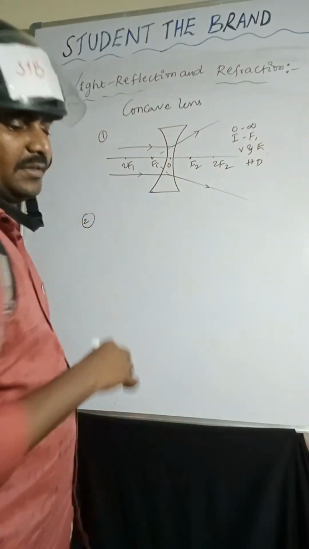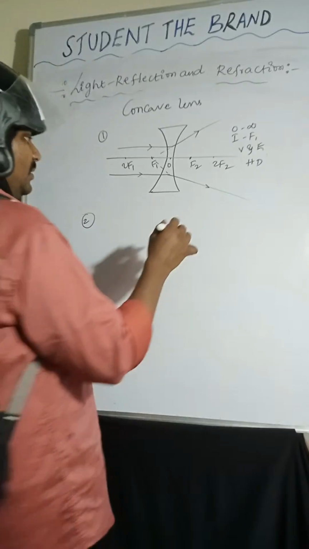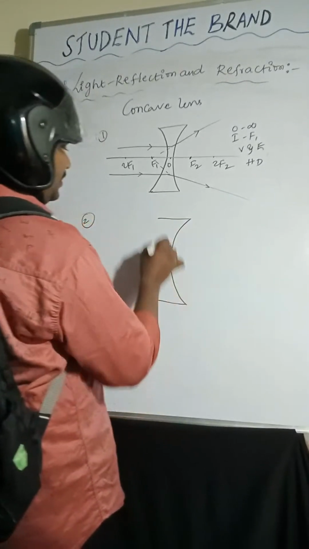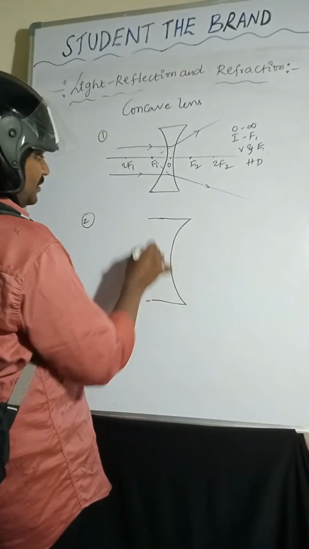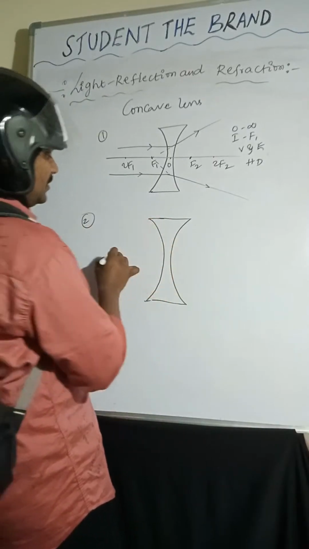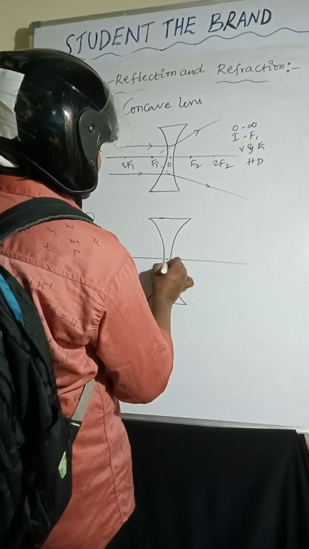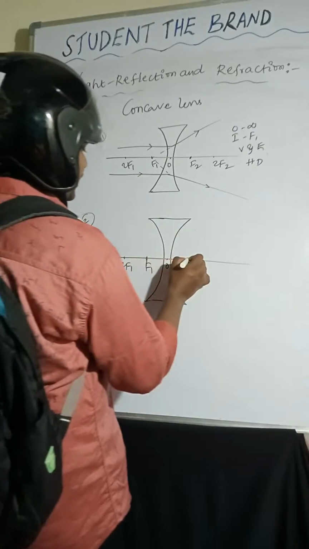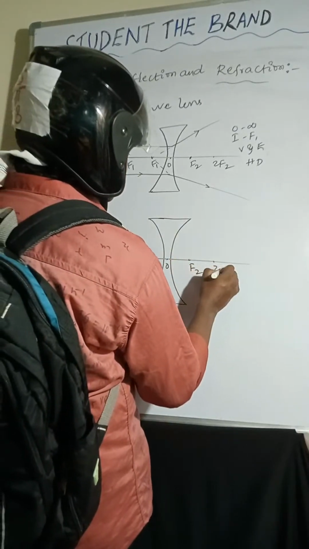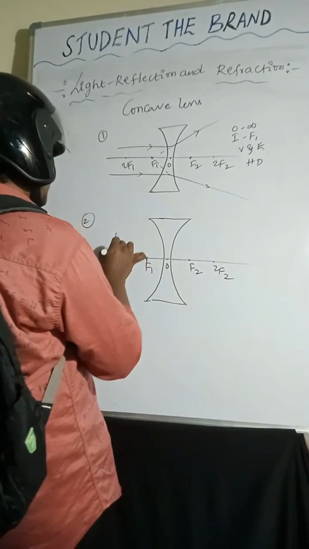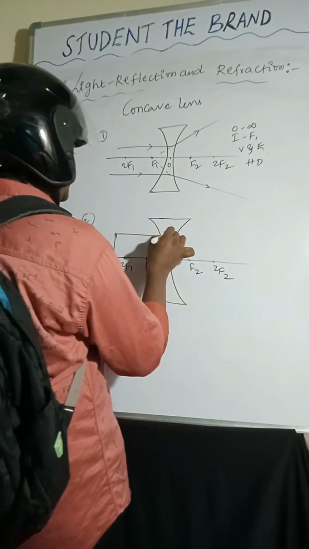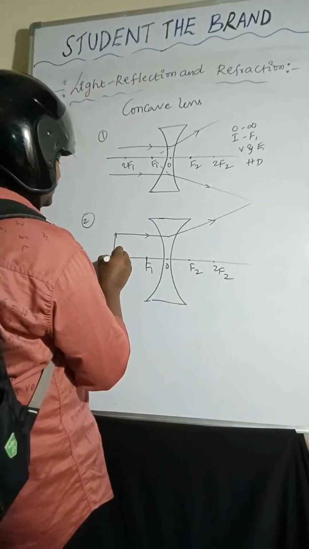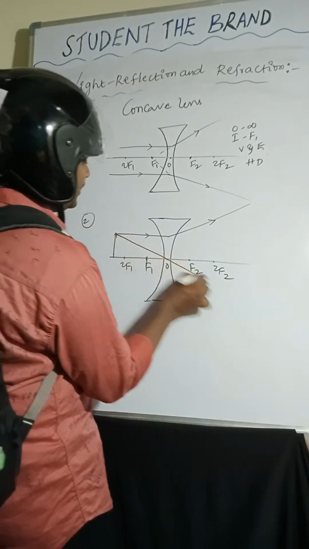And the second one, object is placed here. Optic center here, F1, 2F1, F2, 2F2. Object is placed here. So one light ray I am taking like this. It refracts. Another light ray is passing through optic center.